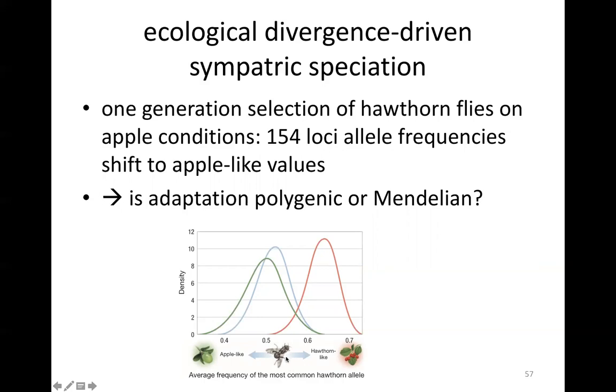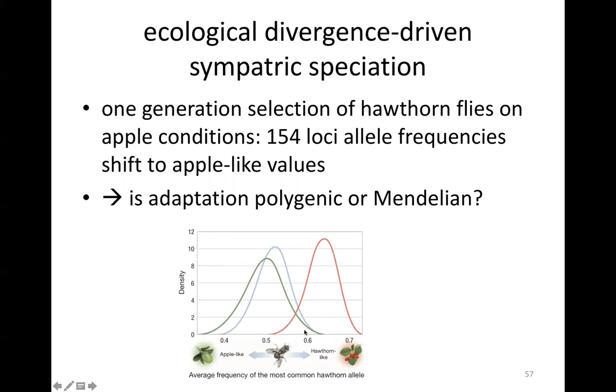So they identified allele frequency changes upon selection, and they found that across 154 loci, allele frequencies were shifted towards the apple population from the original population.